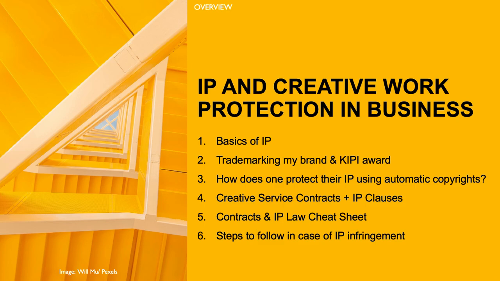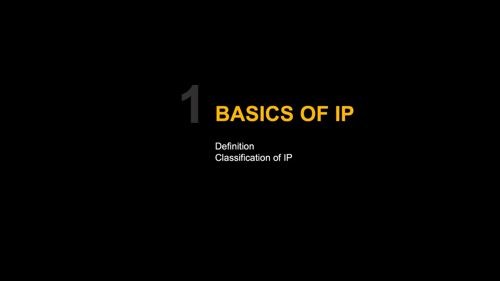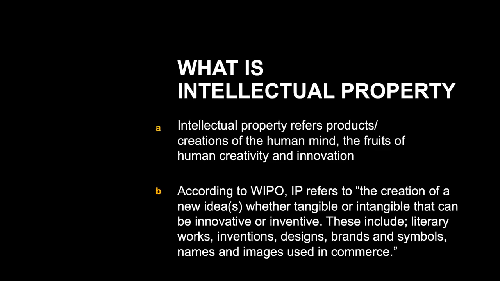So I think we've heard it clearly here. Intellectual property refers to products or creations of the human mind. Normally they're intangibles, but they could also be tangible. But intrinsically, they are fruits of human creativity and innovation.